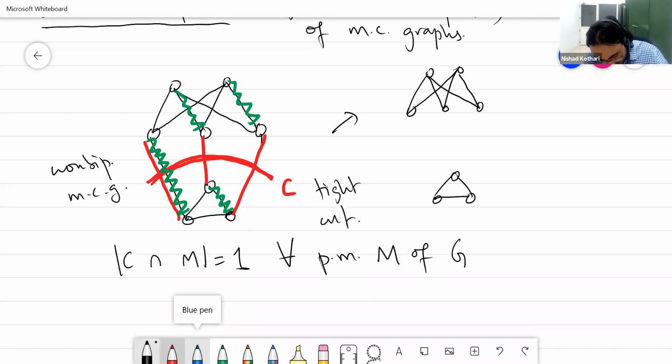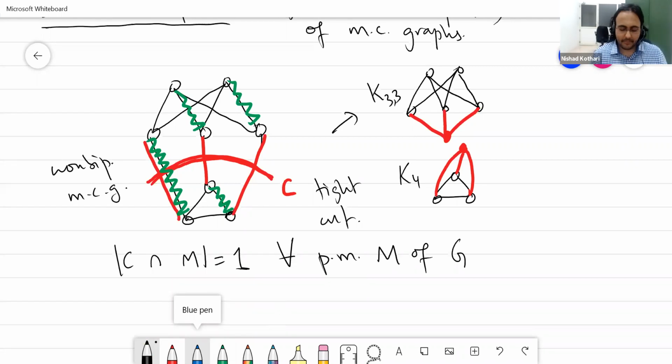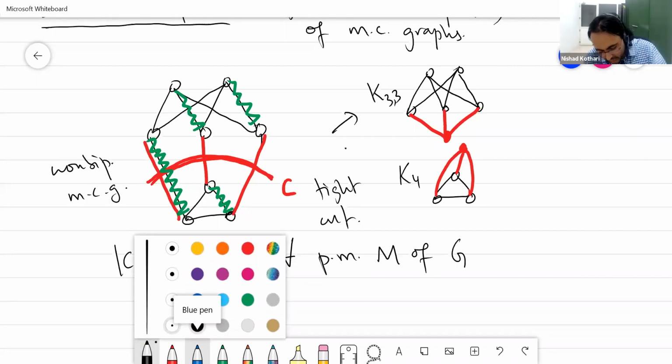And now I will shrink the bottom part, the triangle, into a single vertex. And similarly, I will get another graph by keeping the bottom part as it is, and I will shrink the top part into a single vertex. Okay, so I got two graphs. This is actually K4 in this example, and this is K33.